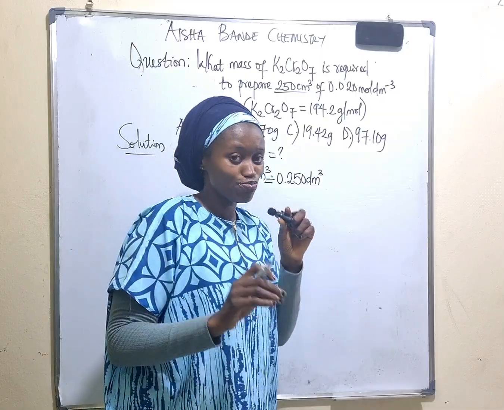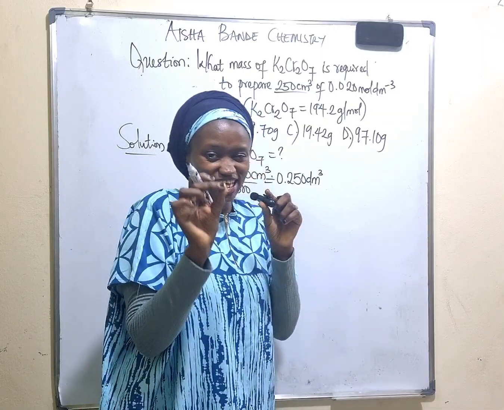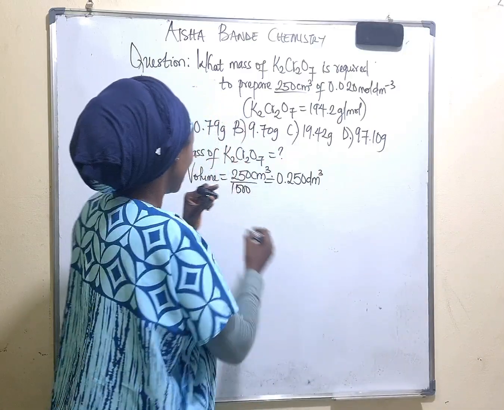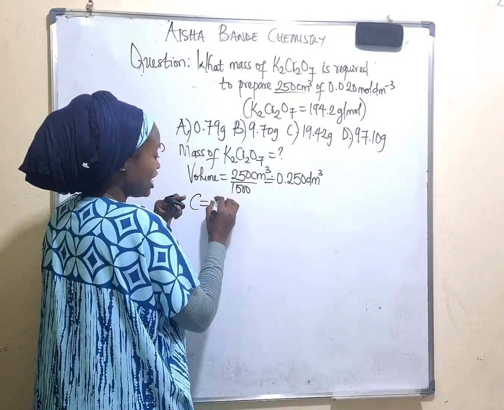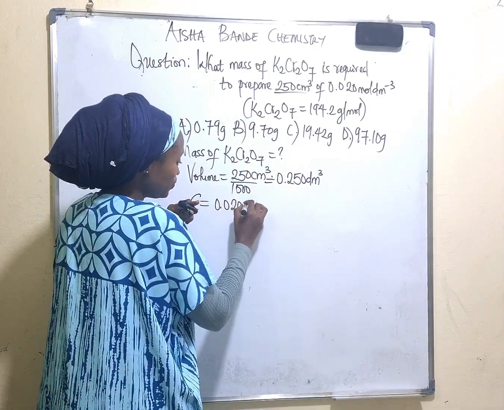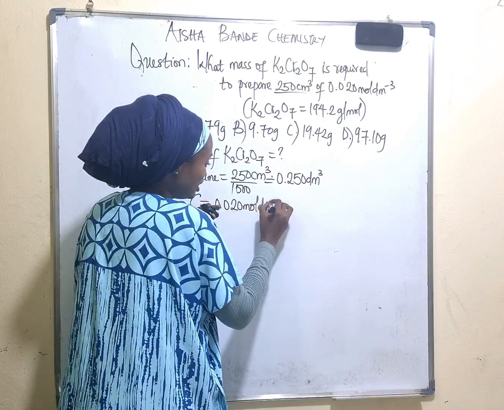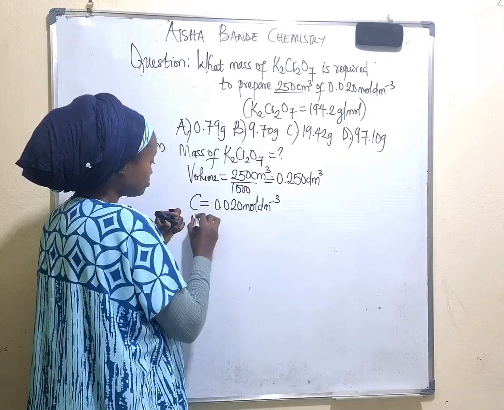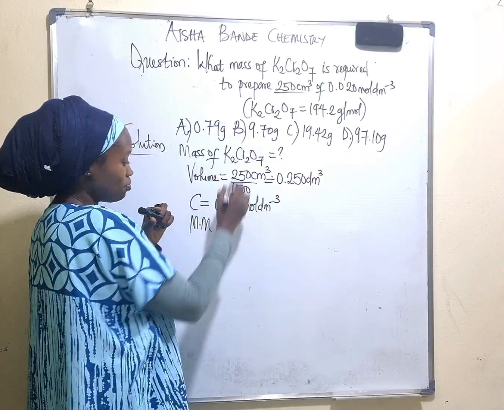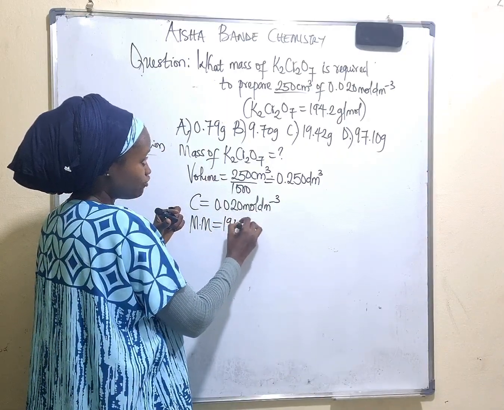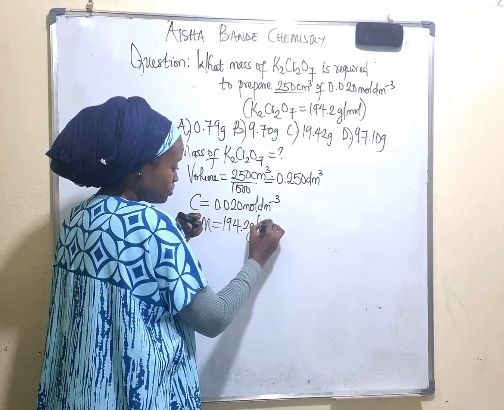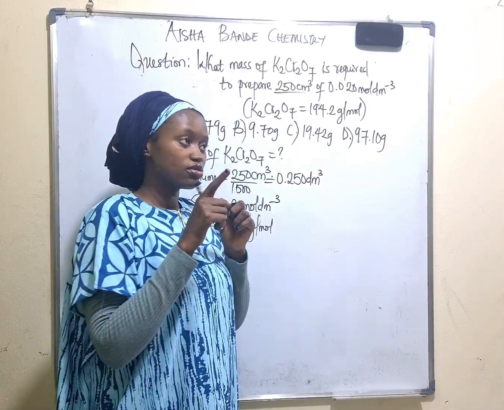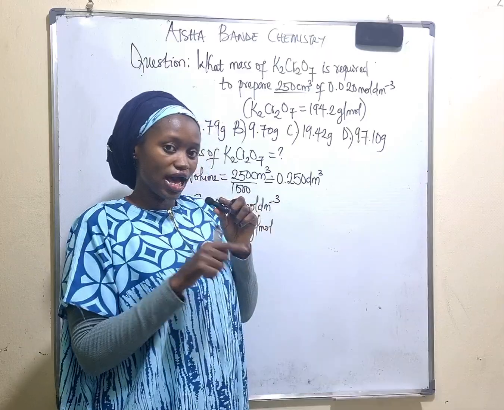Now, moving on, we have this mole per dm³. Once you see mole per dm³, the unit is telling us that quantity is concentration. So we have concentration C as 0.020 mol/dm³, and the molar mass of the compound is 194.2 g/mol. There's a relationship between mass, mole, and molar mass.